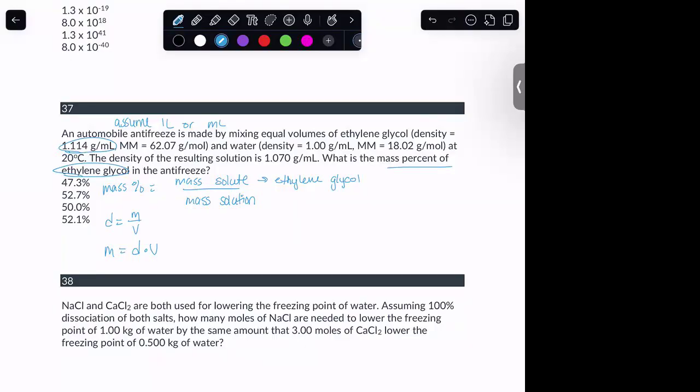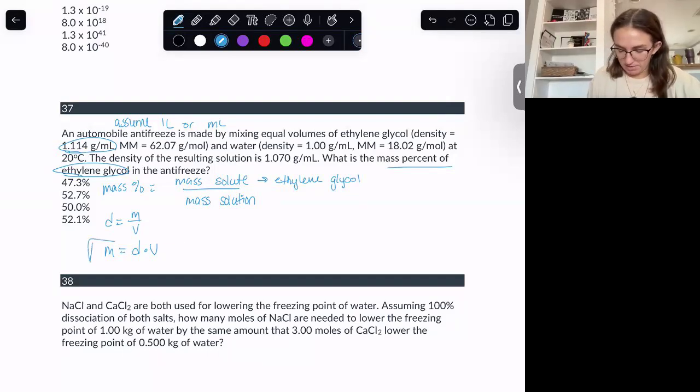So the mass of solute would be 1.114 grams, and it'll be divided by, since we have 1 milliliter and it's equal volumes for ethylene glycol and water, the water mass would be 1 gram, so the total mass is going to be 1 plus the mass of ethylene glycol. So the mass of solution is just that value, 2.114. So it'd be 1.114 divided by 2.114 multiplied by 100 to get the percentage.